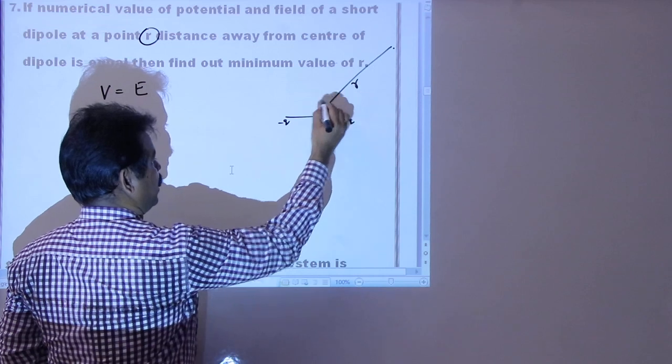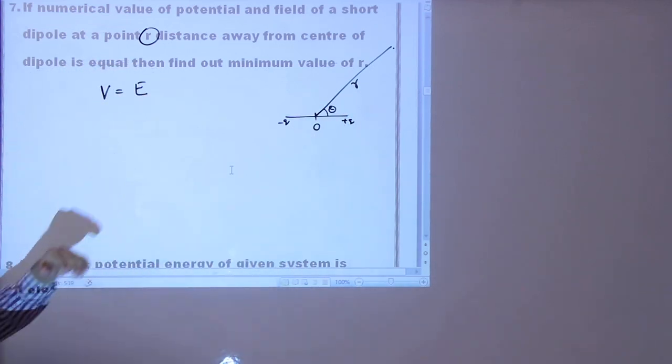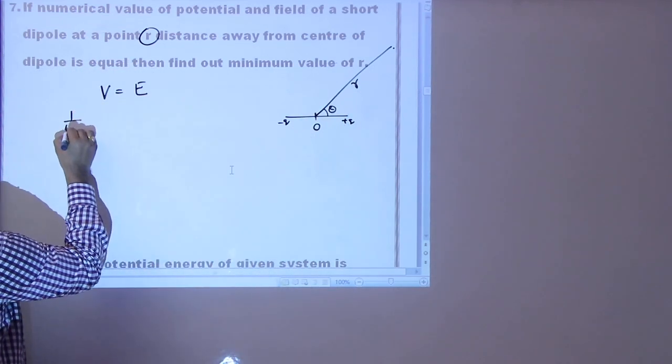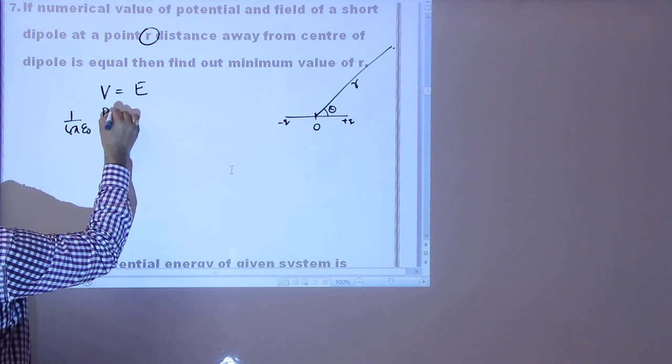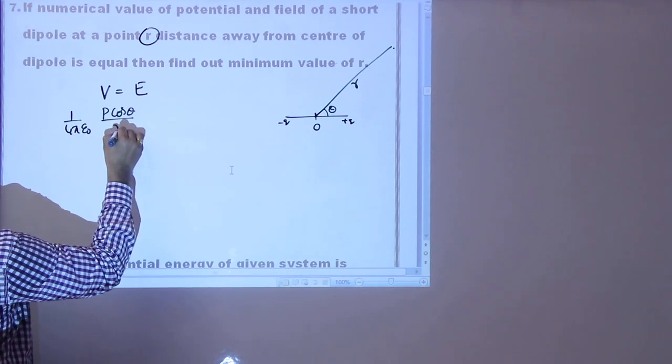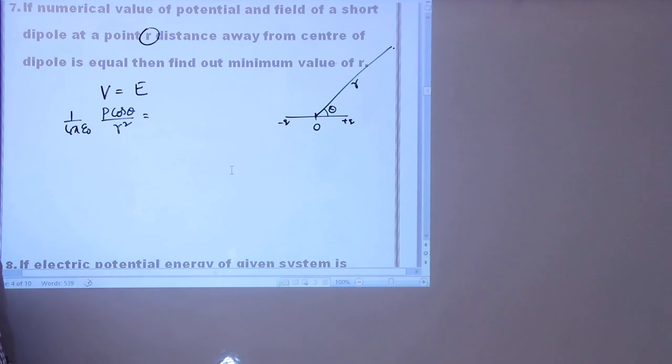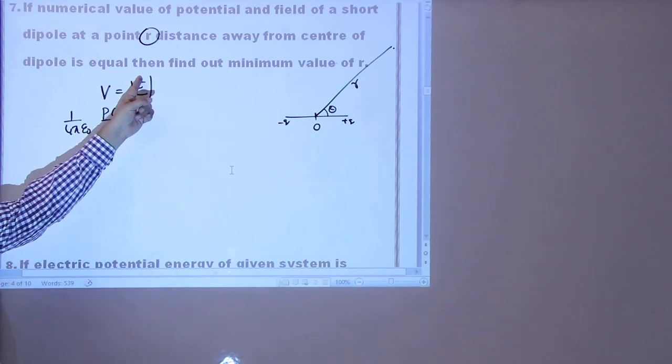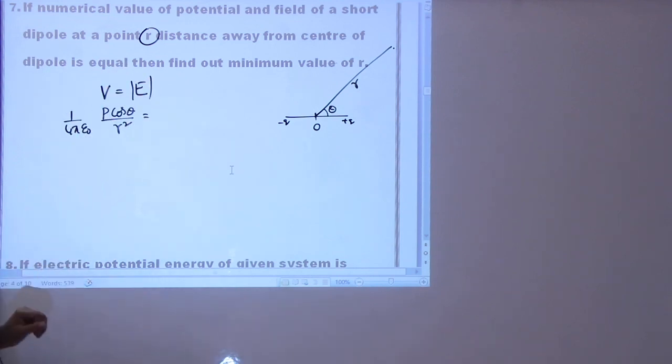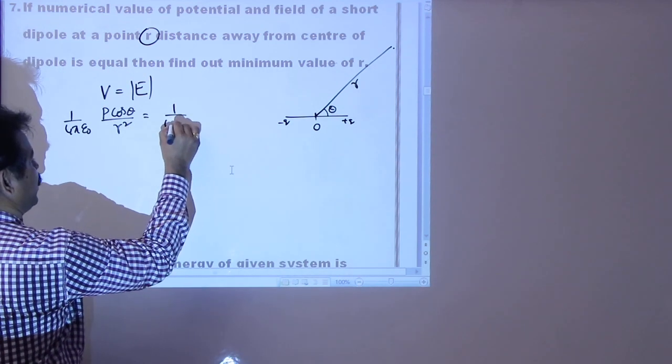So what is the potential if this is making some angle theta with the x-axis or the dipole moment? So V is equal to 1 by 4 pi epsilon naught P cos theta by r square. This is numerically equal to, that means we are not considering the direction of this electric field, only the magnitude.